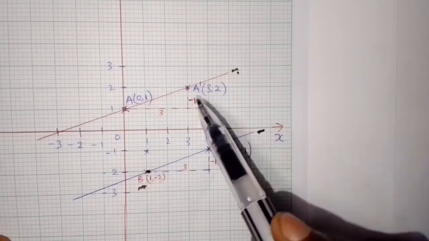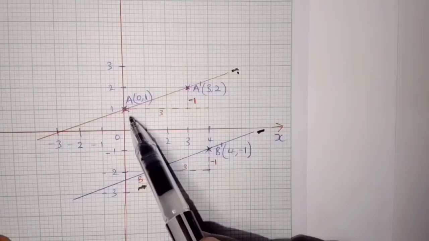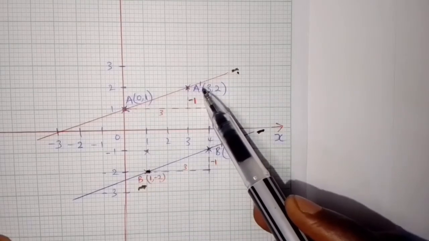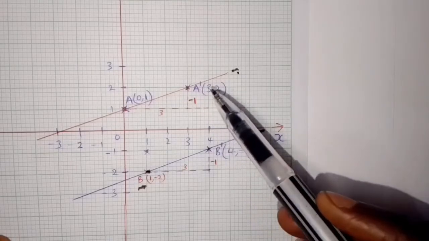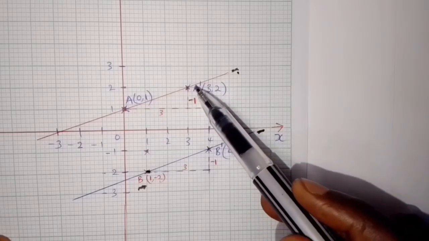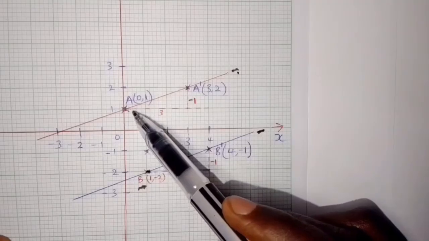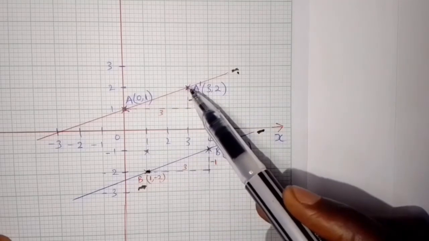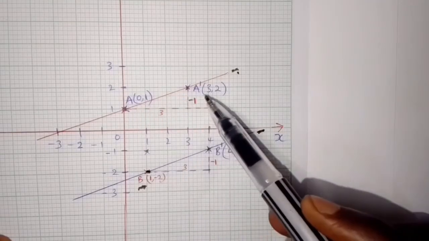So you can see that in order for us to end up with A prime here, when we move from A prime to A, we are going down.